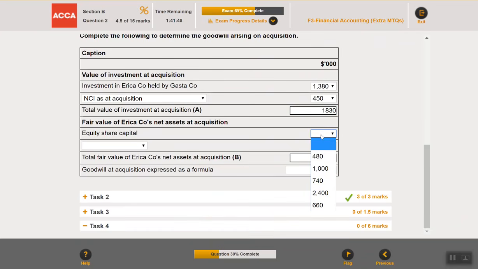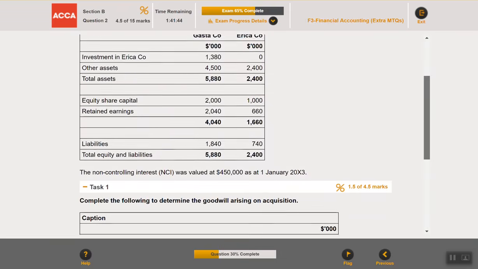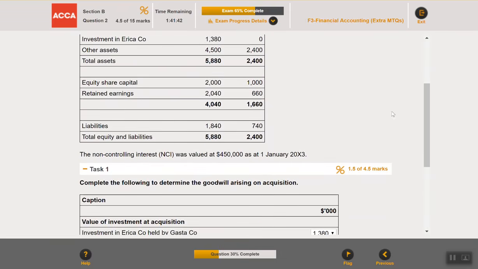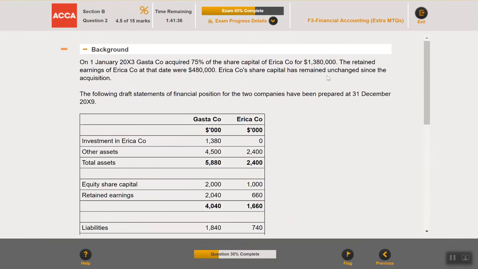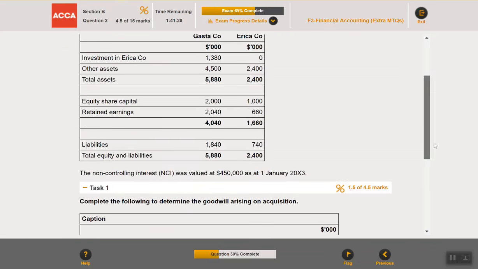Less fair value of assets at acquisition, which is net assets, which means equity. So we look at the equity at acquisition. These financial statements are at the consolidation date, which is the 31st December. We need to find them at the acquisition date. The share capital remained the same, so the share capital of the subsidiary would have been 1,000 at acquisition as well.